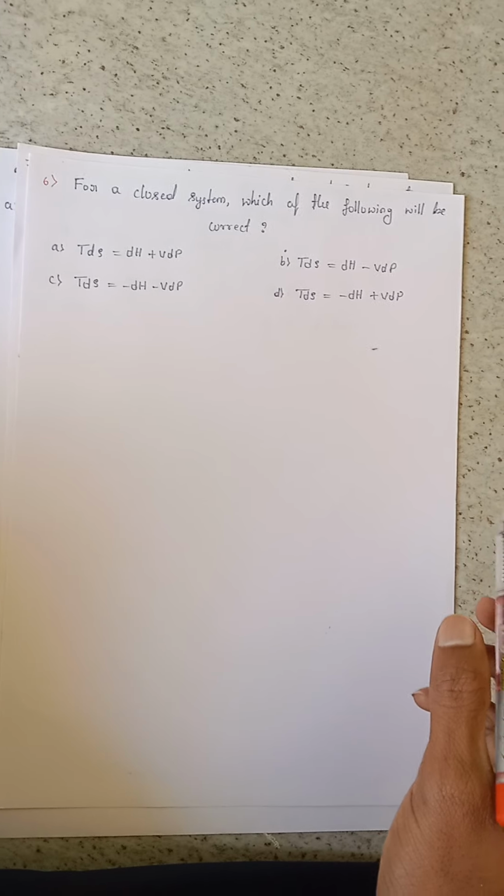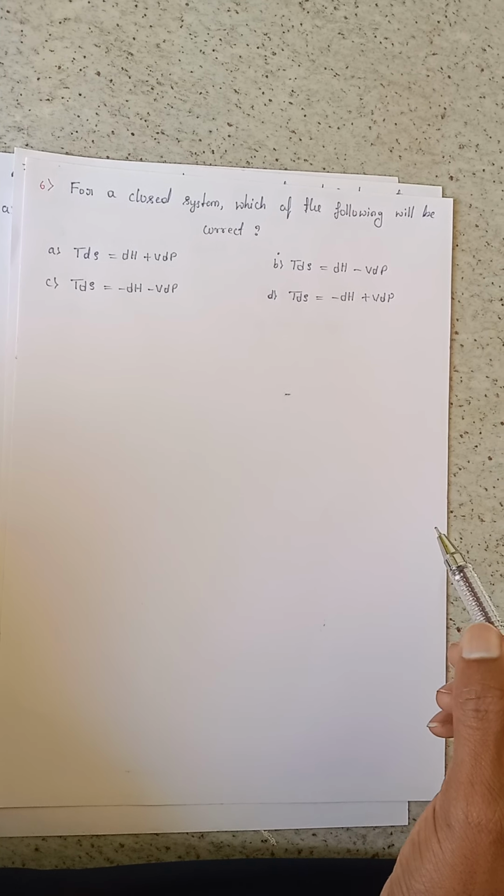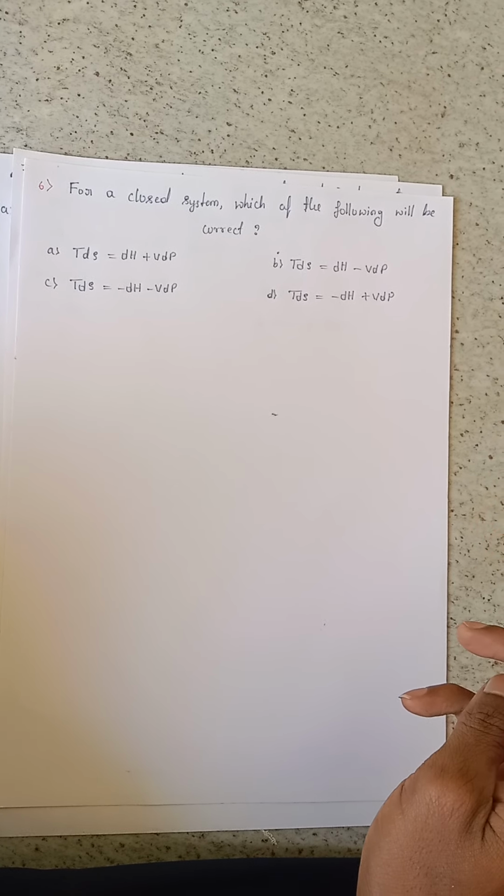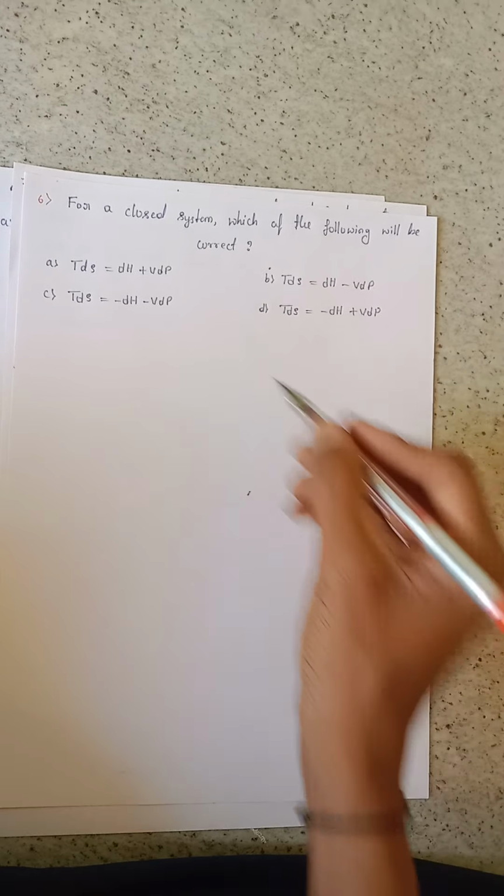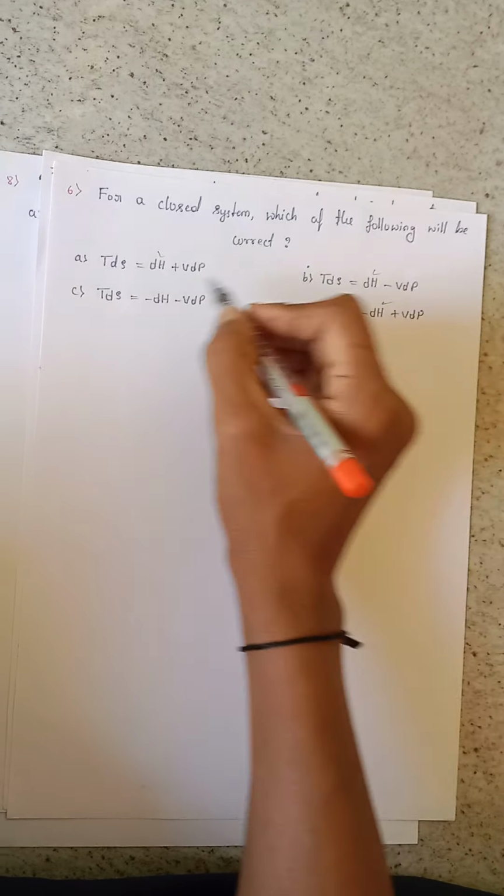Now the sixth question: for a closed system, which of the following will be correct? Here delta H options are given.